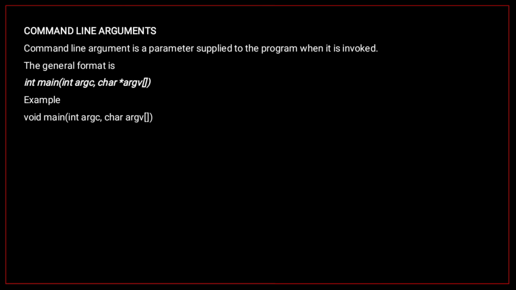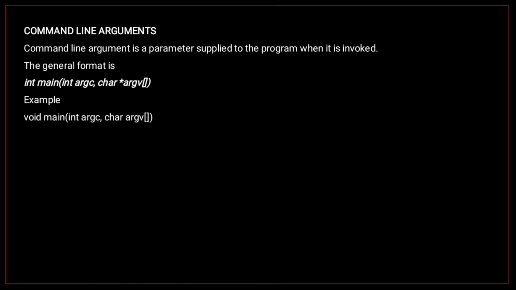Next topic is command line arguments. Command line argument is a parameter supplied to the program when it is invoked. It is mostly used when we need to control the program from outside. They are passed to the main method, and the general format of this command line argument is int main(int argc, char *argv[]).